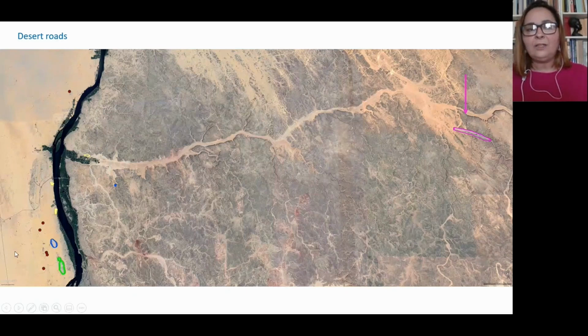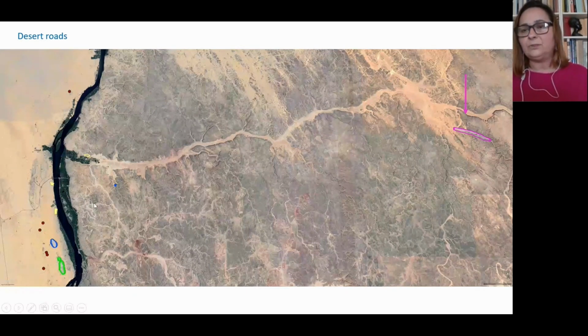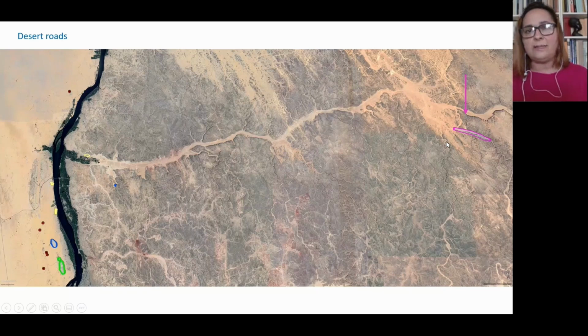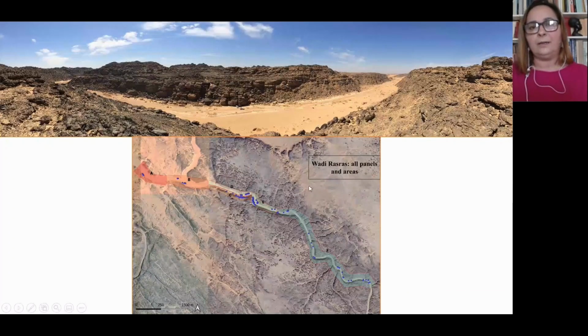So we have seen what kind of sites we have along the Nile, and many of them are actually dated to the pre-dynastic, early dynastic period, but there are also sites very far into the desert. We have found one in particular in the Eastern Desert, about 50 kilometers from the river, and it is a long and narrow and rocky wadi packed with rock art.